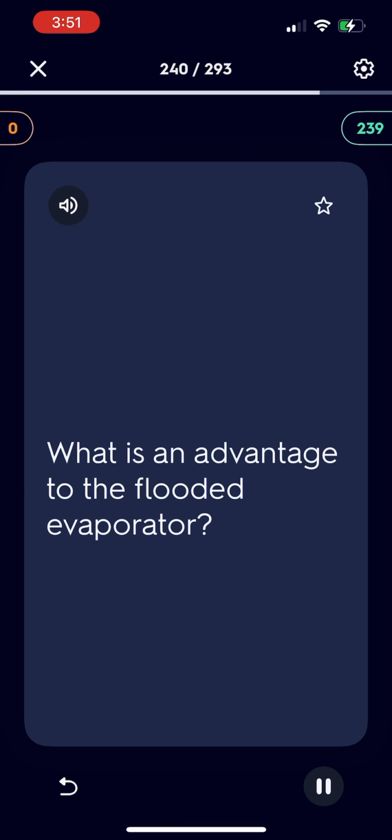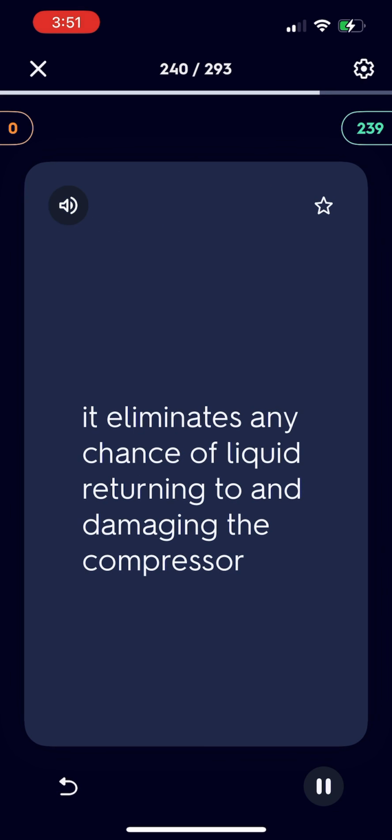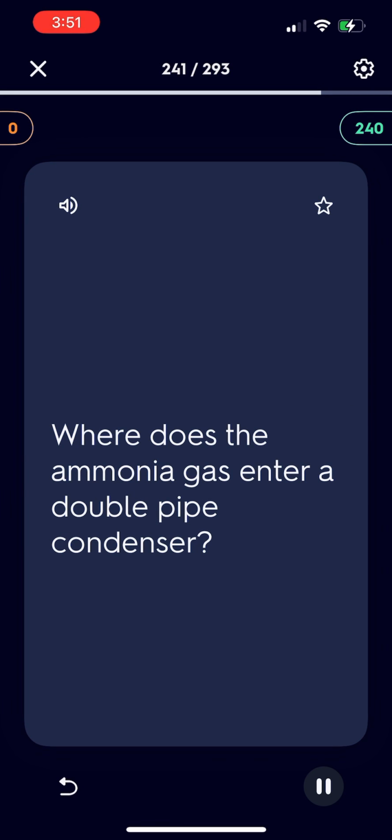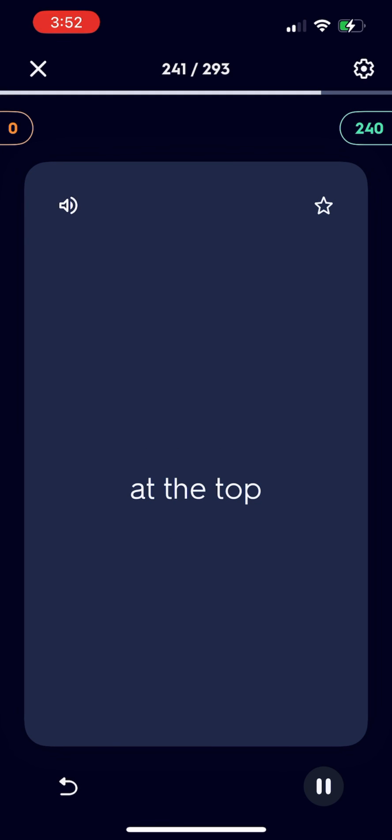What is an advantage to the flooded evaporator? It eliminates any chance of liquid returning to and damaging the compressor. Where does the ammonia gas enter a double pipe condenser? At the top.